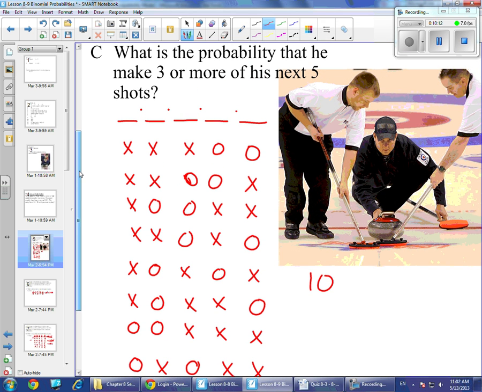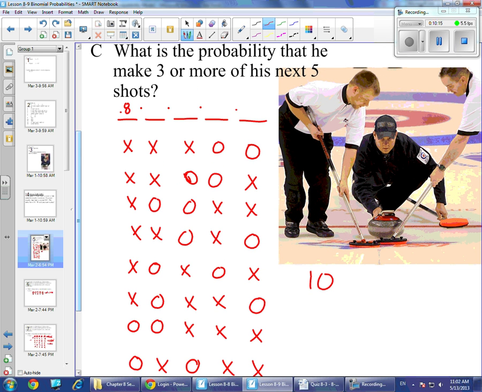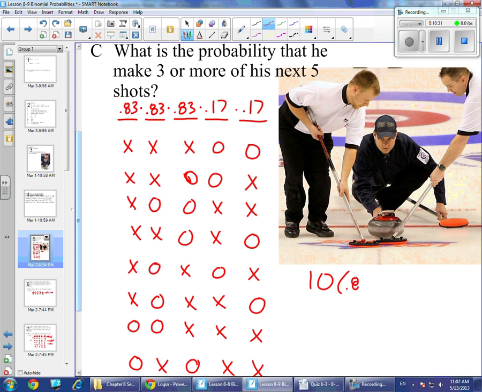And then if I go to my little slots, how am I going to fill them out? Well, on all of them, 3 of the probabilities are 0.83, and 2 of the probabilities are 0.17. So I'm going to take that 10, because there's 10 different ways to have 3 makes and 2 misses. I'm going to multiply by 0.83 raised to the third times 0.17 raised to the second.